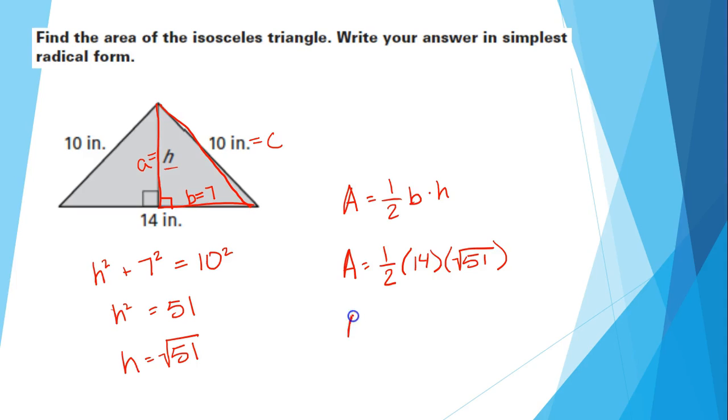Evaluate that, and if we are leaving it in simplest radical form, like the directions state, 1/2 times 14 gives us 7, times the square root of 51. That is the simplest form we can leave our area in. And the units of measurement for area is going to be inches squared, or square inches. And that is it.